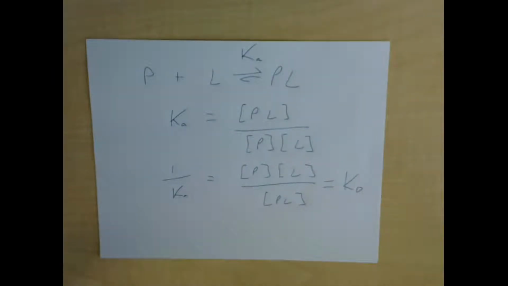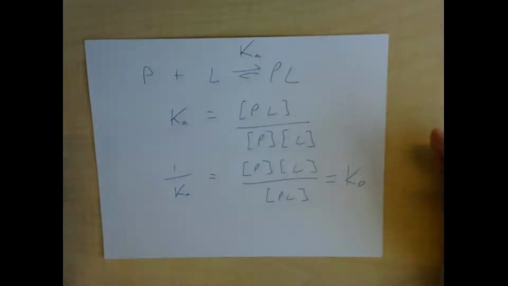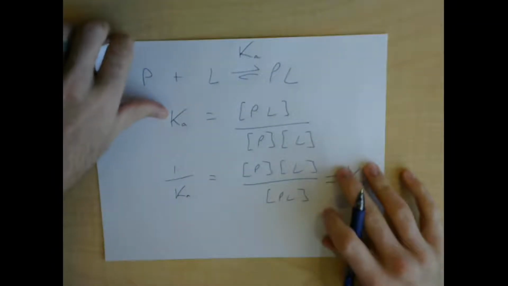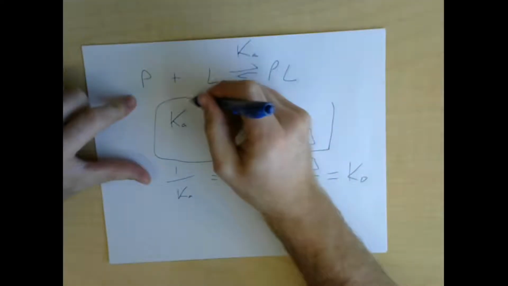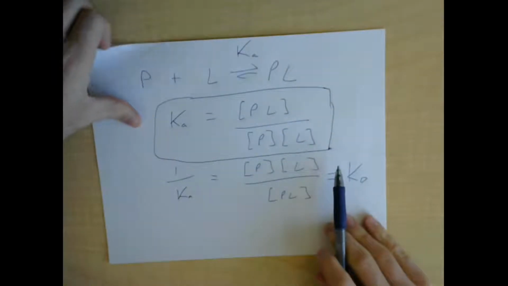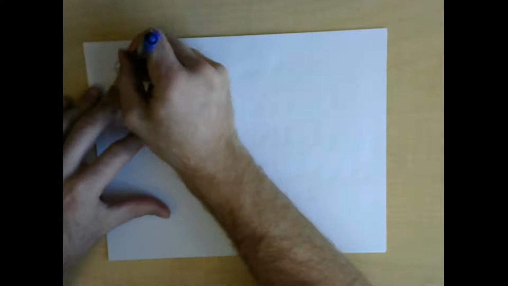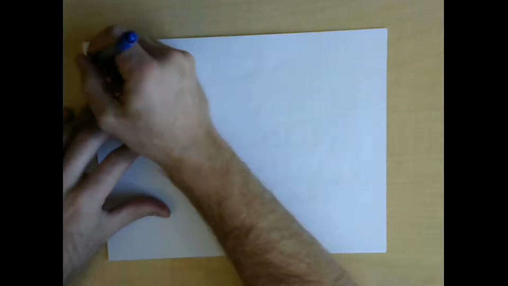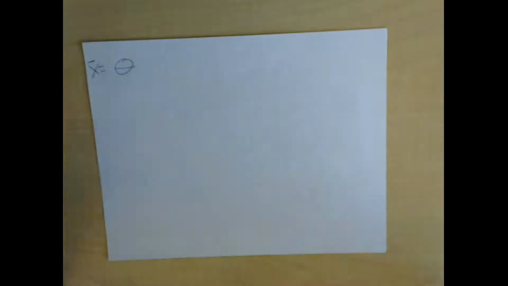Okay, so now fractional saturation. What exactly am I looking at? Keep this equation in mind. Know that I'm going to come back to the Ka. So my fractional saturation, written as theta, or sometimes you'll see it written as x bar, the mean, or rather the extent of binding. It depends on who you're talking to.